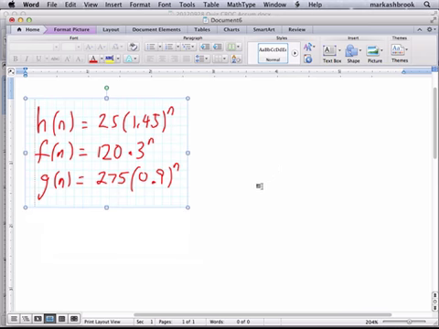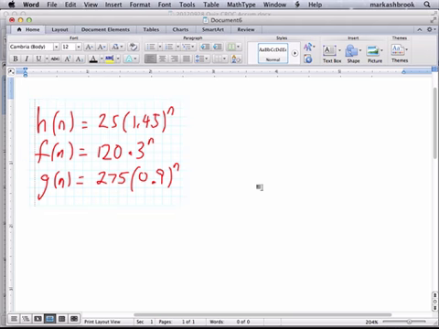Okay, let's see how you did. H of n, growth or decay? Growth. What's the growth factor? 1.45.